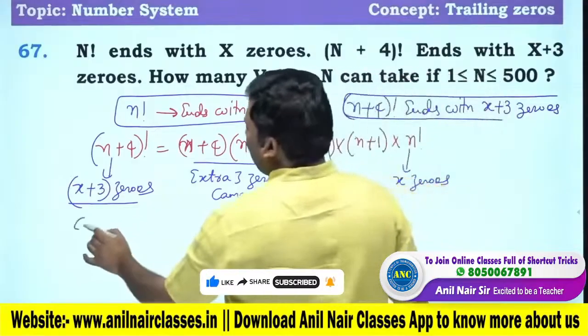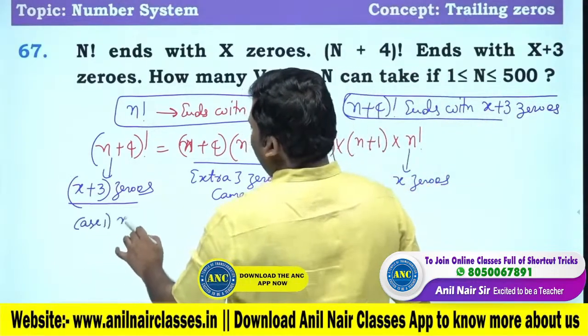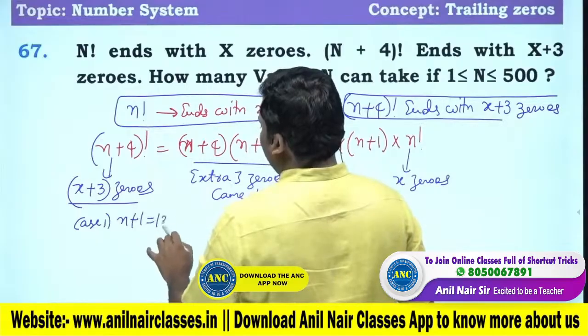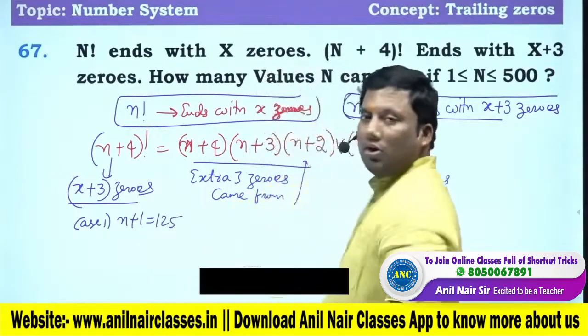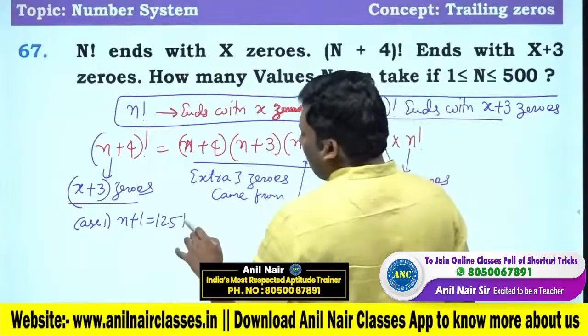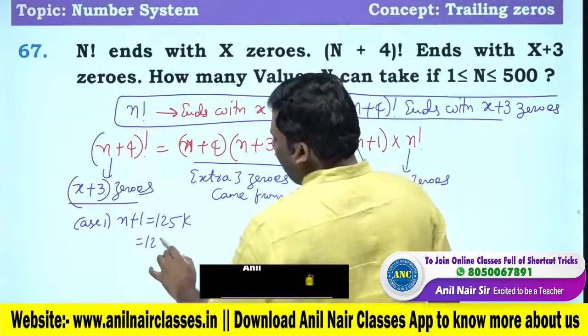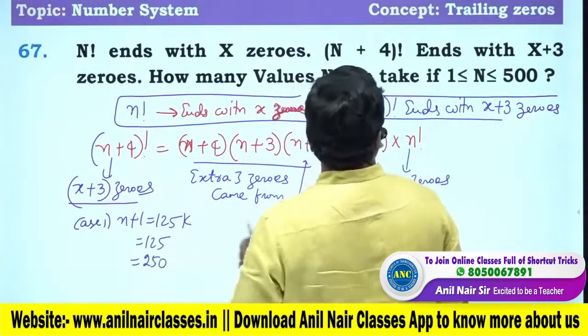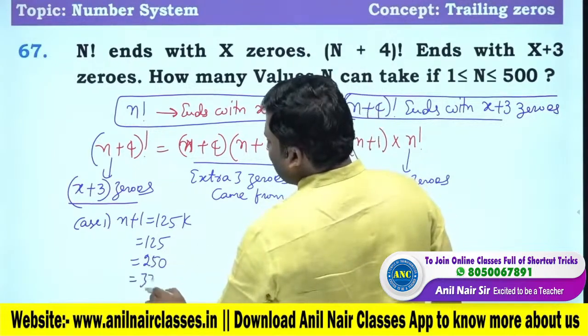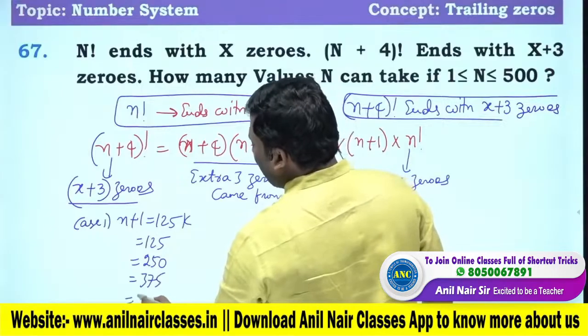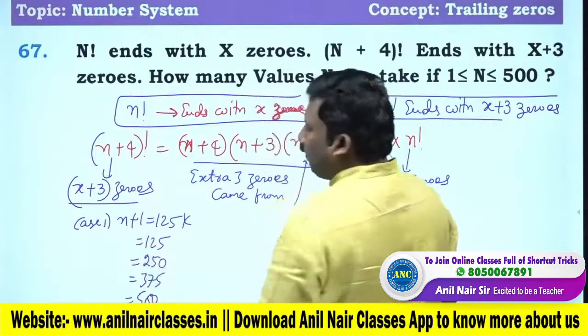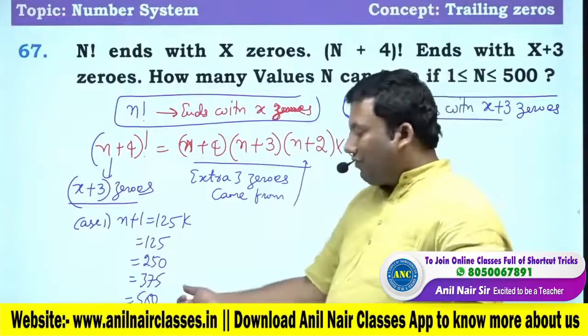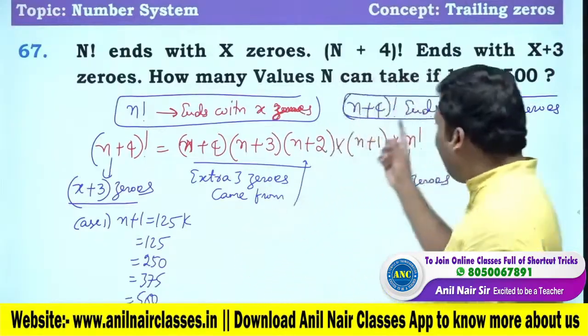So case 1: if n plus 1 is 125. Yes or no? It can take 125k, right? So it can take 125, 250, 375, 500. N plus 1 takes 500, so n value will be 499.